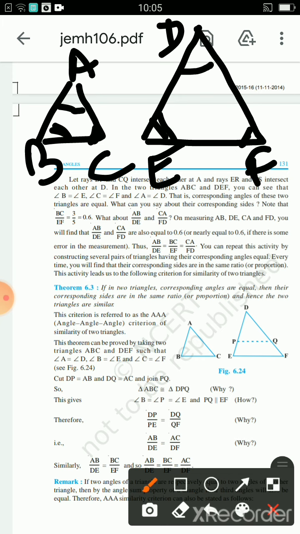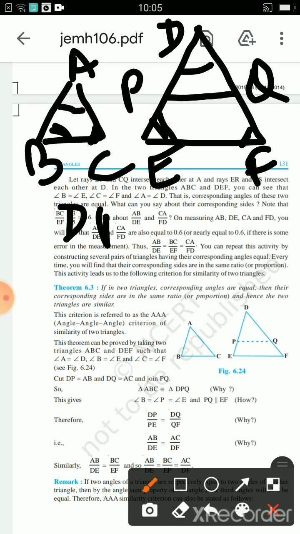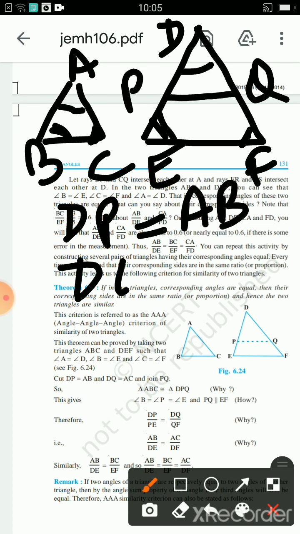We have to prove that AB upon DE is equal to AC upon DF is equal to BC upon EF. So first of all we do a construction. We draw a line PQ such that DP is equal to AB and DQ is equal to AC. This is the construction that we have done.